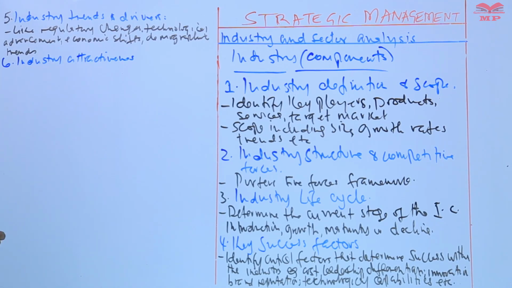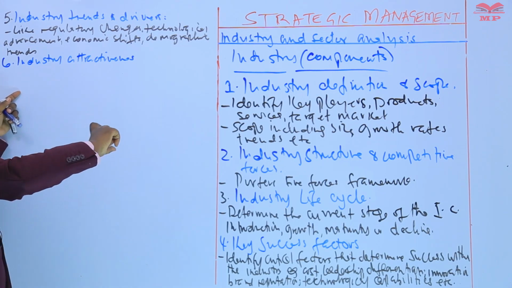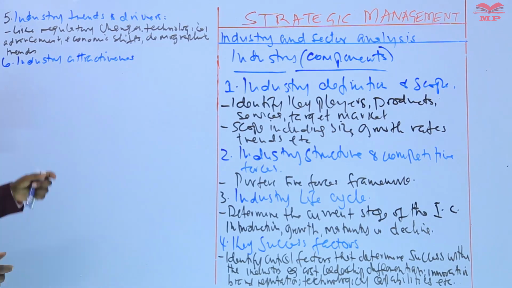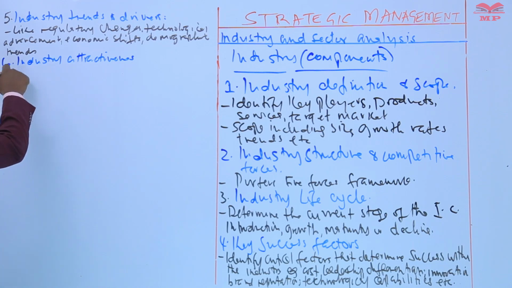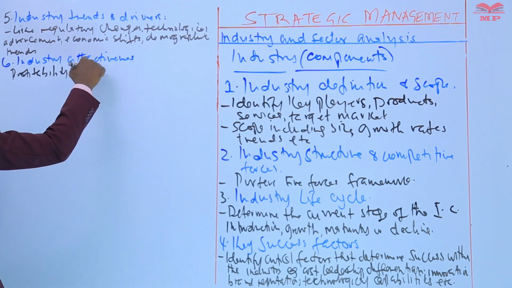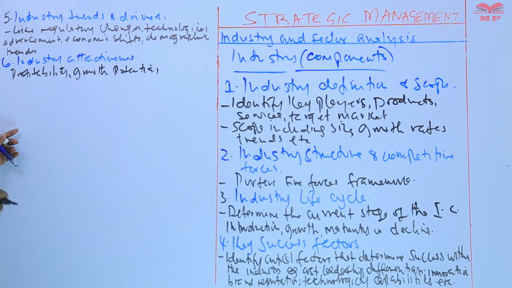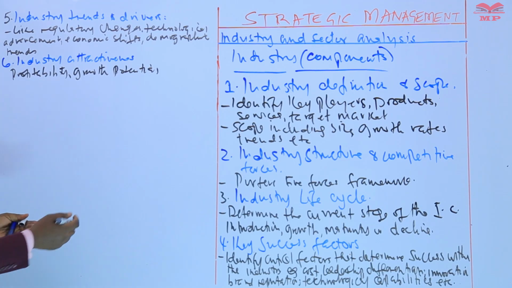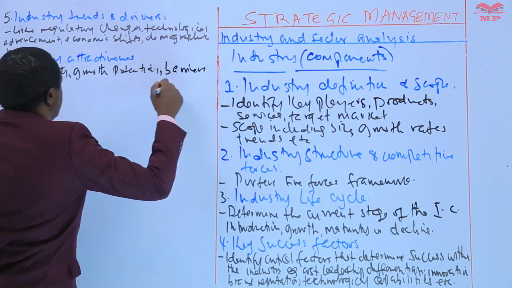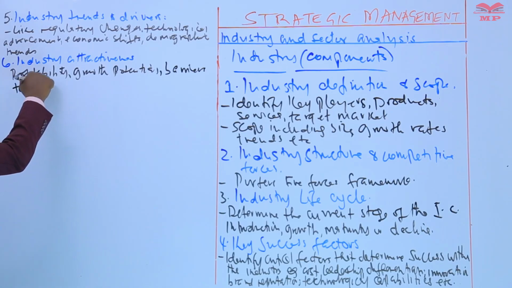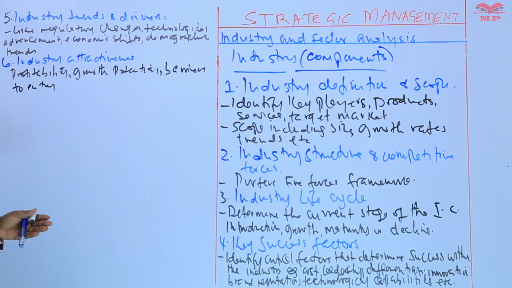Now, when analyzing industry attractiveness, one has to evaluate the overall attractiveness of the industry based on factors such as profitability, growth potential, barriers to entry, and many other factors.